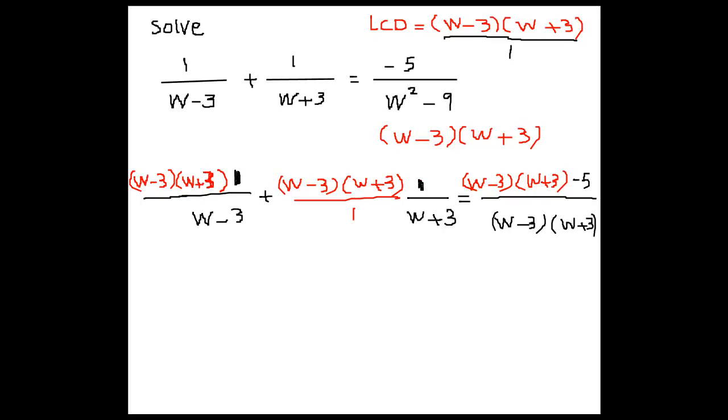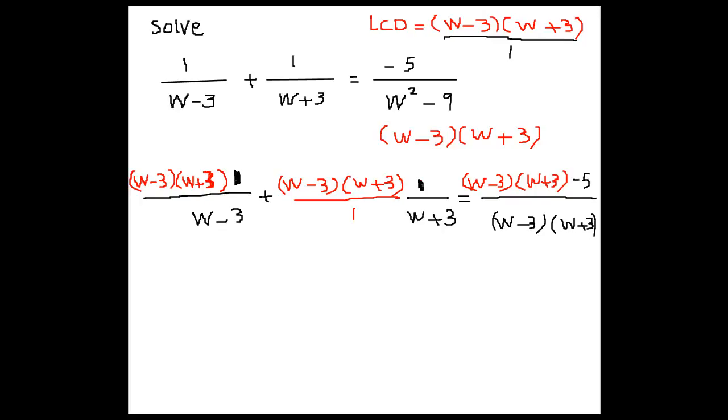Brian, can you tell me what is it that we cannot assign for w in this case? What number I cannot assign for w here? Three or negative 3. Okay, very good.